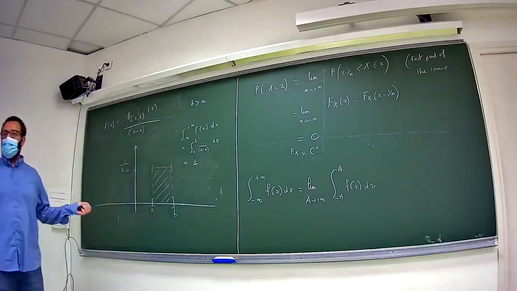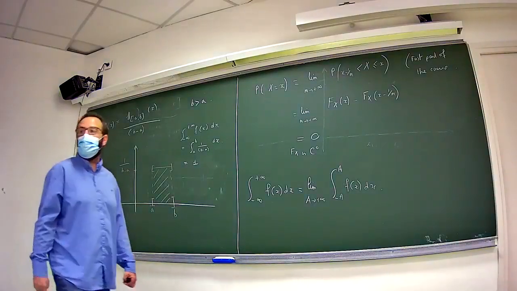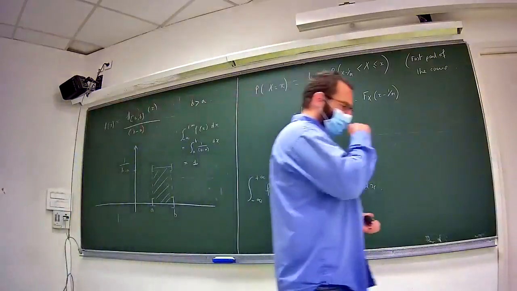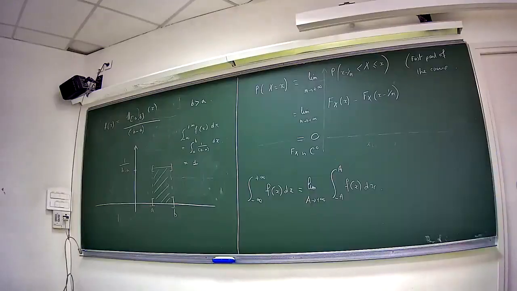So you have here a typical and very basic example of what may be a density function. And you will see in a few seconds that this is the way we define the uniform distribution on an interval, okay?